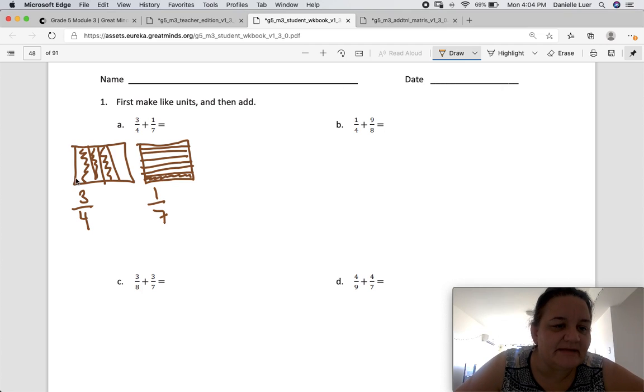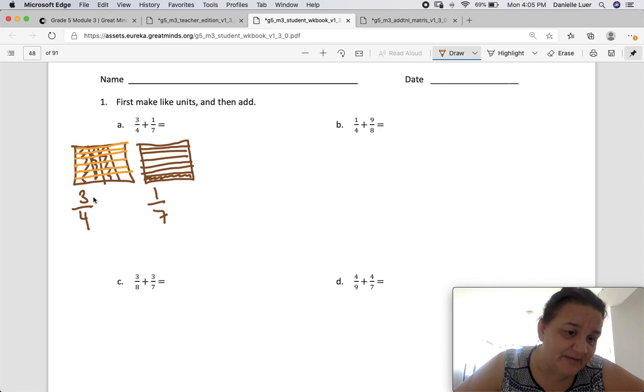So I'm going to cut that in 7. 1, 2, 3, 4, 5, 6, 7. And what I've done is I multiplied both the top and the bottom by 7 to get a new equivalent fraction, which is 21 over 28.